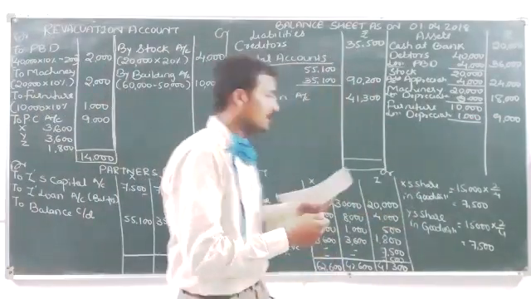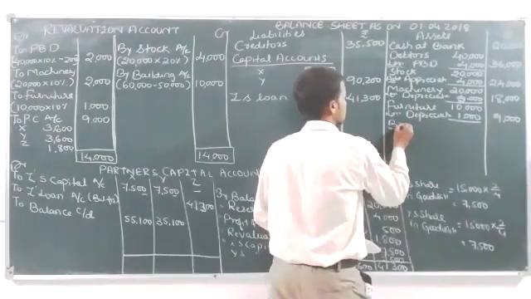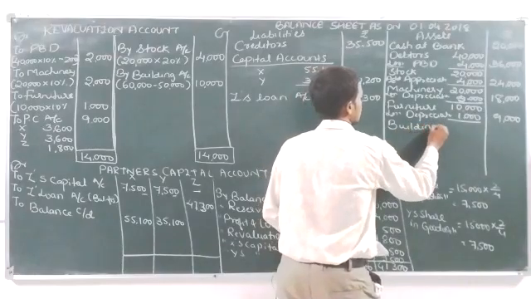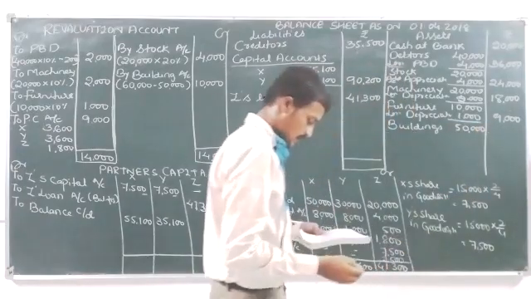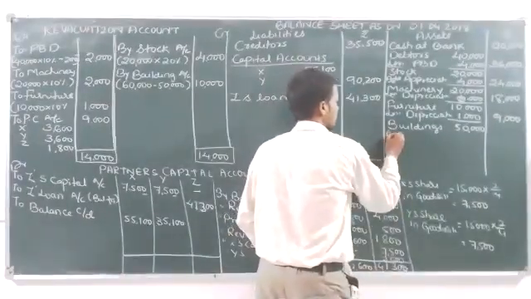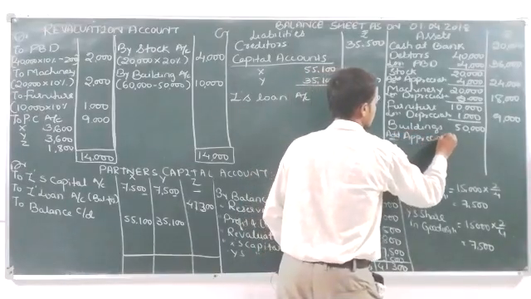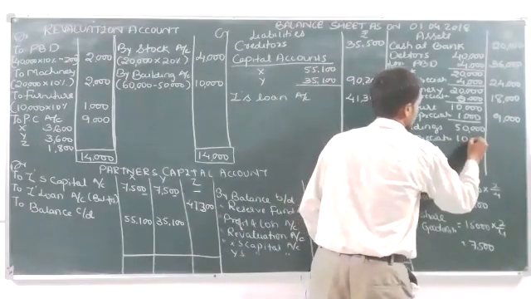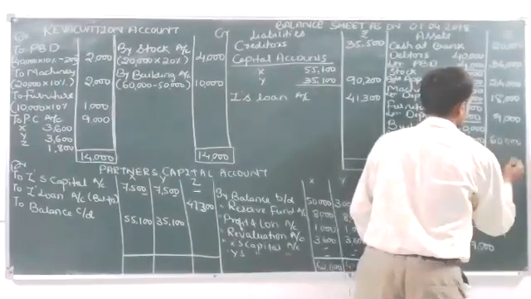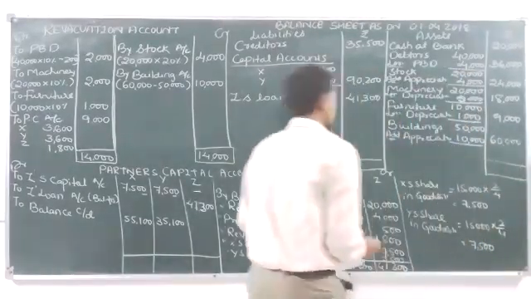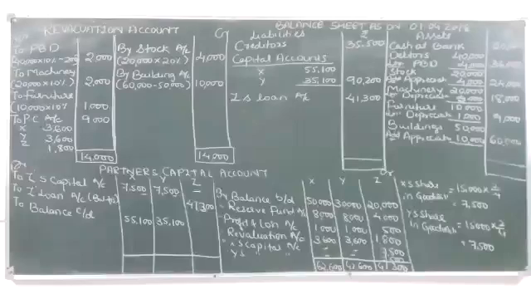Okay, and last is buildings. Inner column 50,000. Add appreciation $10,000. Outer column 60,000. So take the totals. Can somebody tell me what can be the total of these two sides?